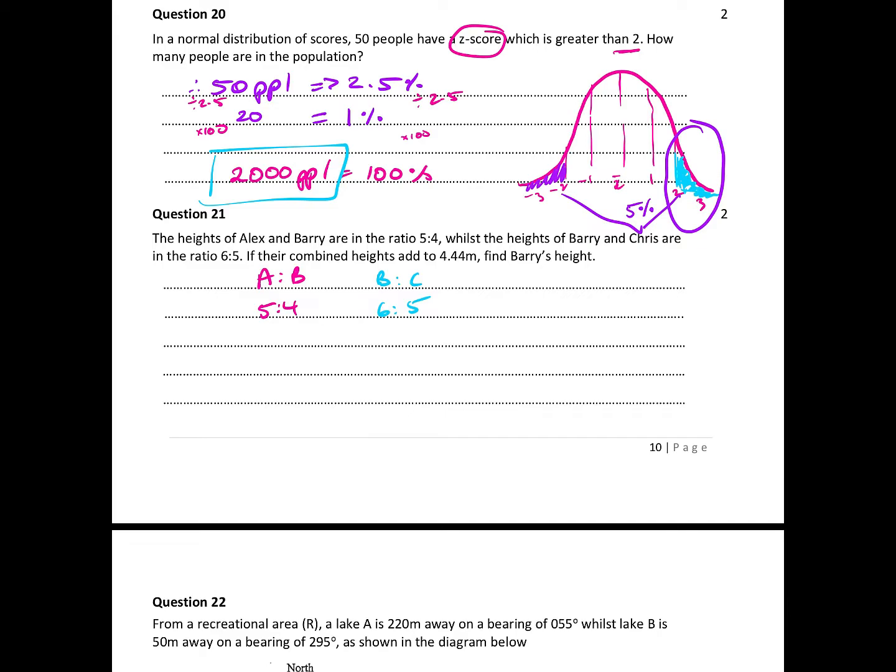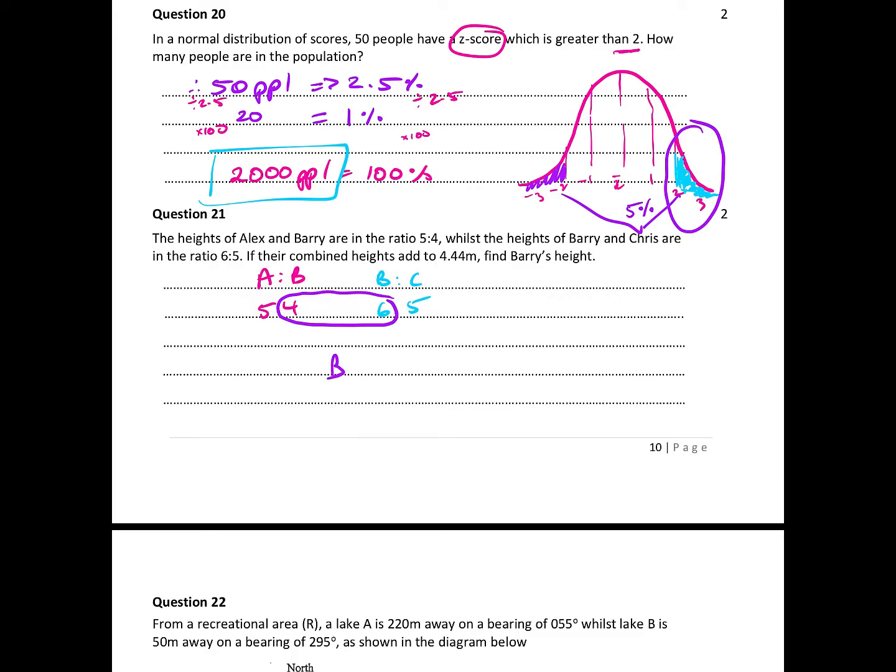So what I will do is find a common multiple for my Barry parts, get them to the same number, and then respectively change my Alex part and my Chris part. The smallest common multiple here would be 12.